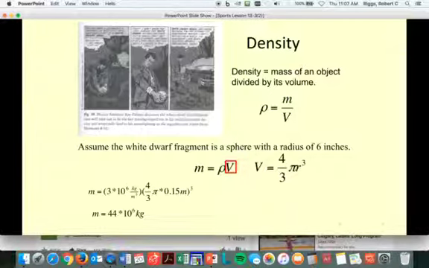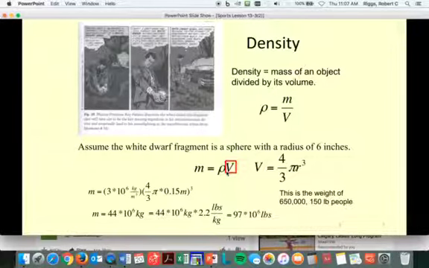That's the density that they use. It's incredible. Anyway, we're going to do this mass times volume thing later. So it has the weight of about 650,000 150-pound people, or a million babies, one or the other.